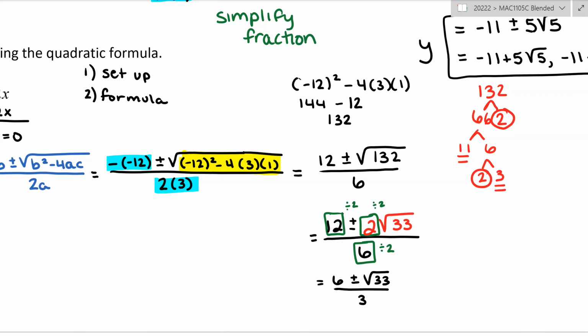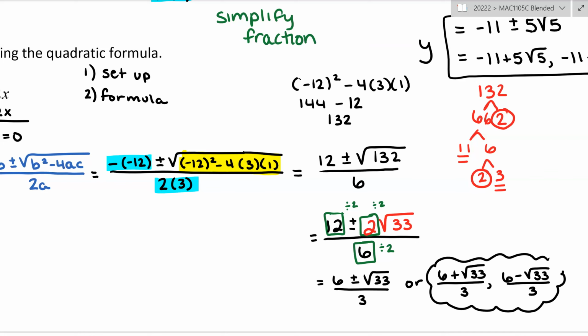So this is going to be my final answer, or you can write them separately. 6 plus the square root of 33 over 3. 6 minus the square root of 33 over 3. Both of those are the answer. Or you could write it all together like this with the plus minus.